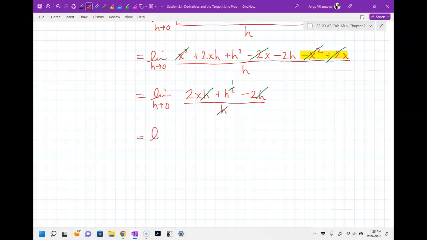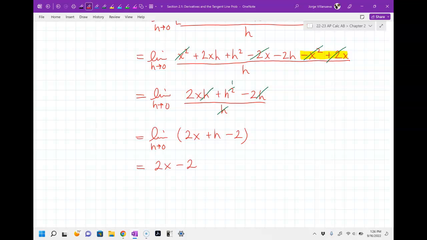So the limit as h goes to 0 of 2x minus 2. Actually, wait, I'm wrong. I forgot something: plus h minus 2. I forgot the h. It will go away on the next one. Now that I do direct substitution into it, it's going to become 2x minus 2.